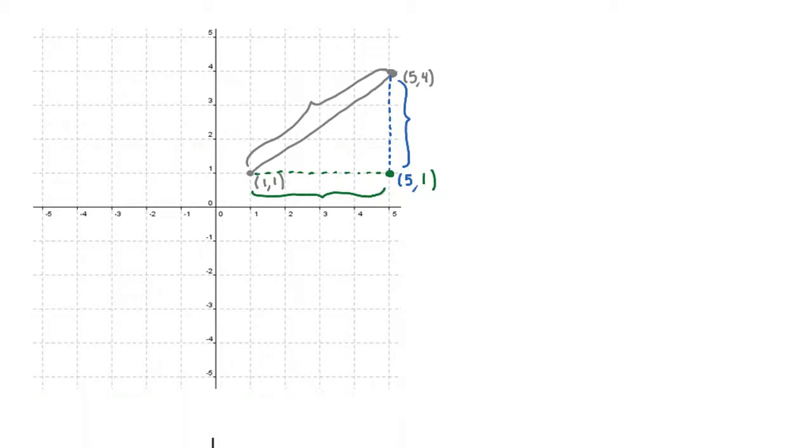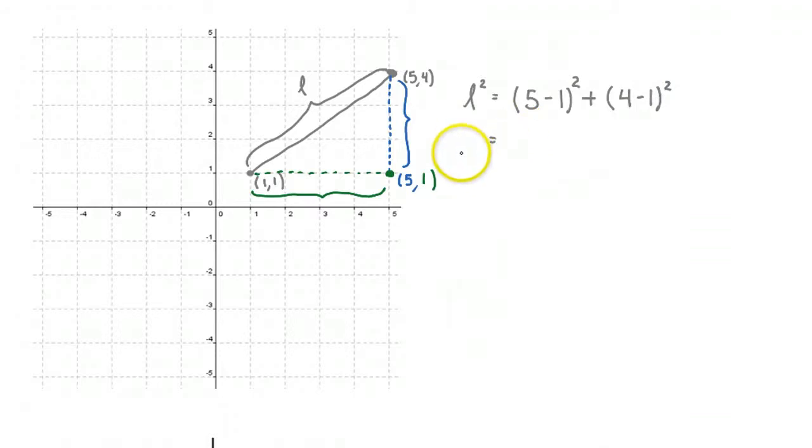So if we call this length here L, we know that L squared is going to equal, and let's start with the horizontal, 5 minus 1 squared plus, and now we're going to take the vertical, 4 minus 1 squared.